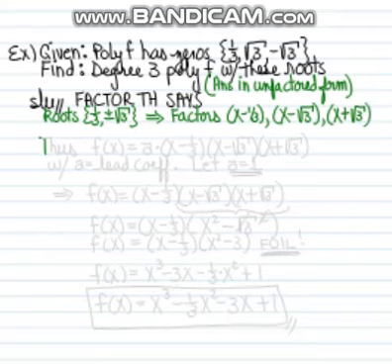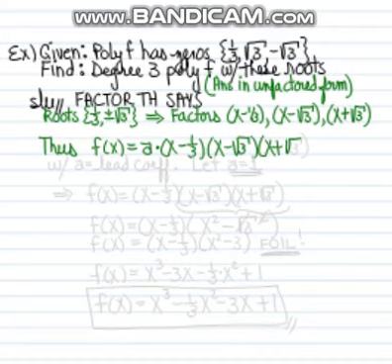Okay, so knowing that from the factor theorem, we know that our polynomial f of x is equal to some number a, the lead coefficient, times x minus 1/3 times x minus the square root of 3 times x plus the square root of 3, with a equal to what we call the lead coefficient.